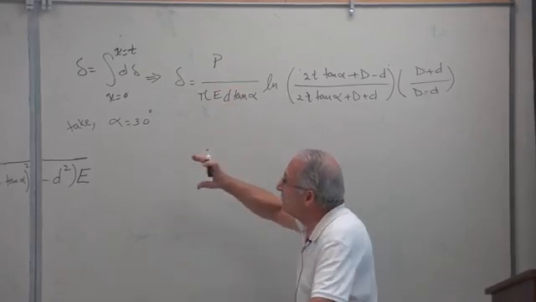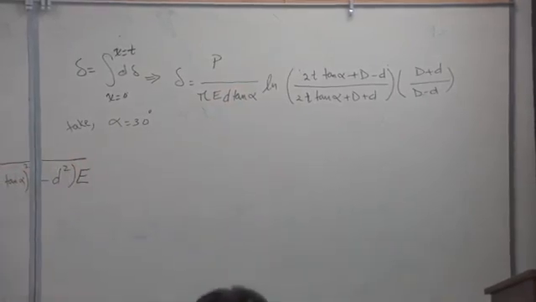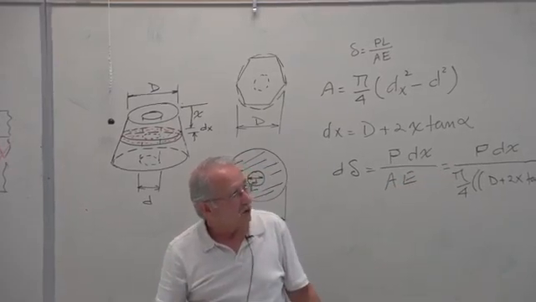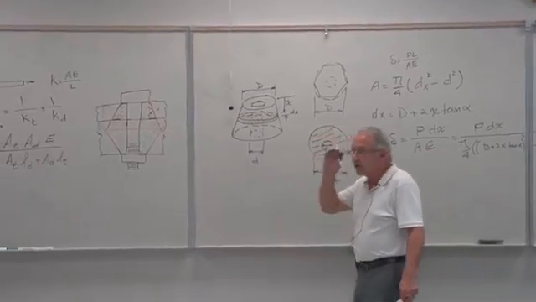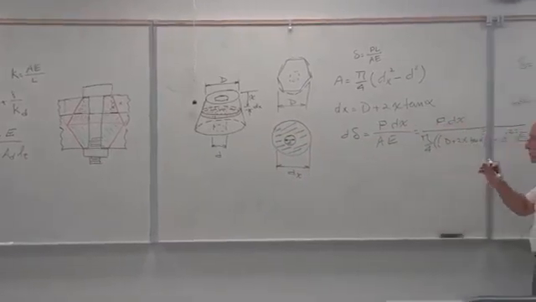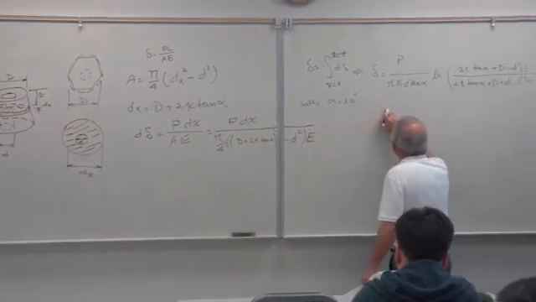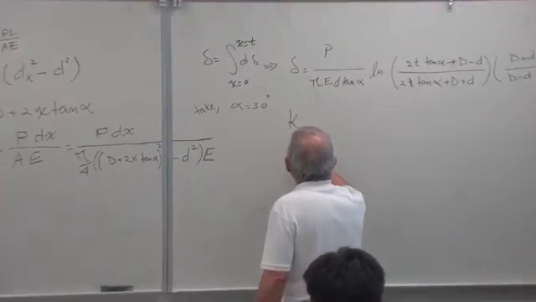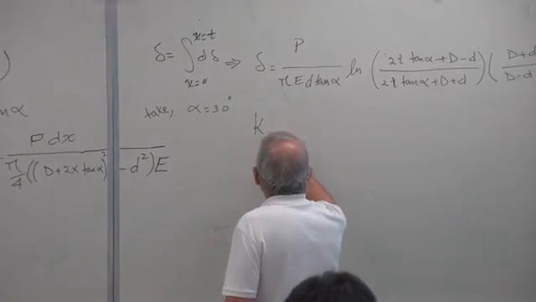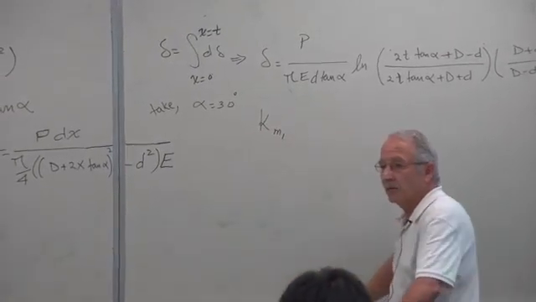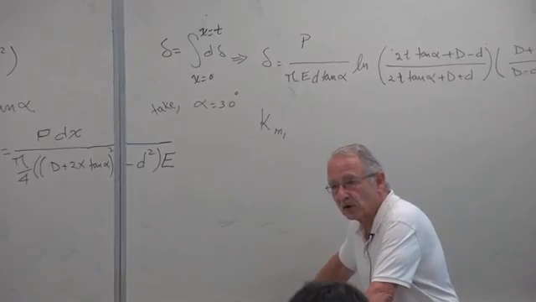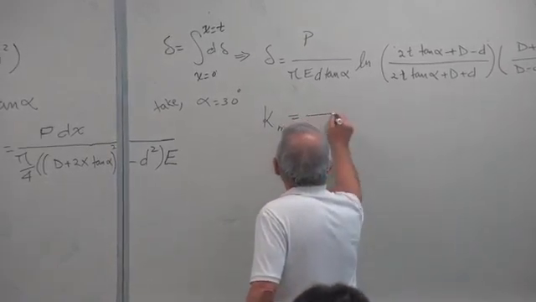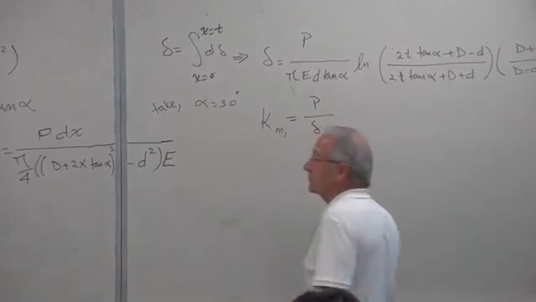The stiffness of this frustum, for which we calculated all of this, the one on the right-hand side in purple on the screen, can be found if I find Km1, I'll call it the stiffness of the first part of the member, member 1, equal to P over delta.